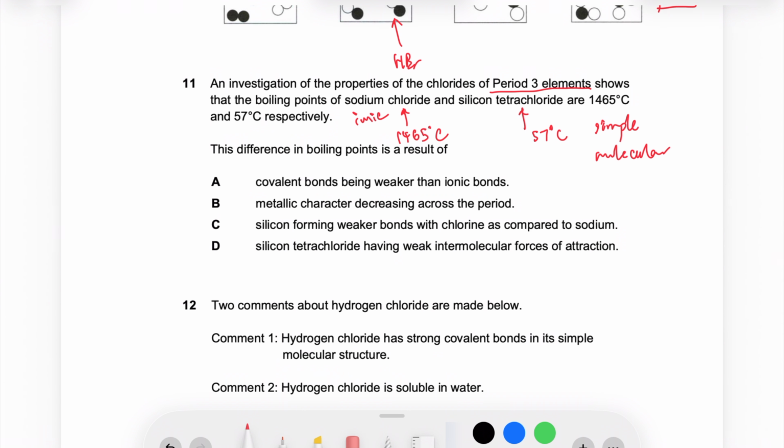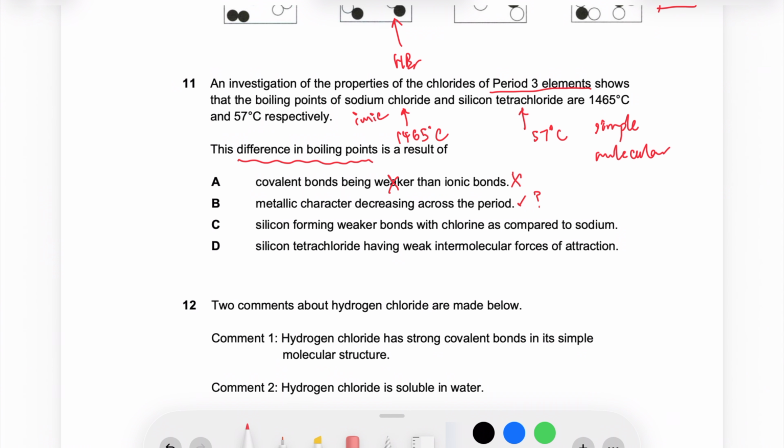Alright, so the difference in the boiling points are, let's see, covalent bonds are weaker is not true. In fact, covalent bonds are stronger than ionic bonds. Okay, so this statement is wrong. Metallic character decreases across the period. It's true, but it doesn't explain the situation.